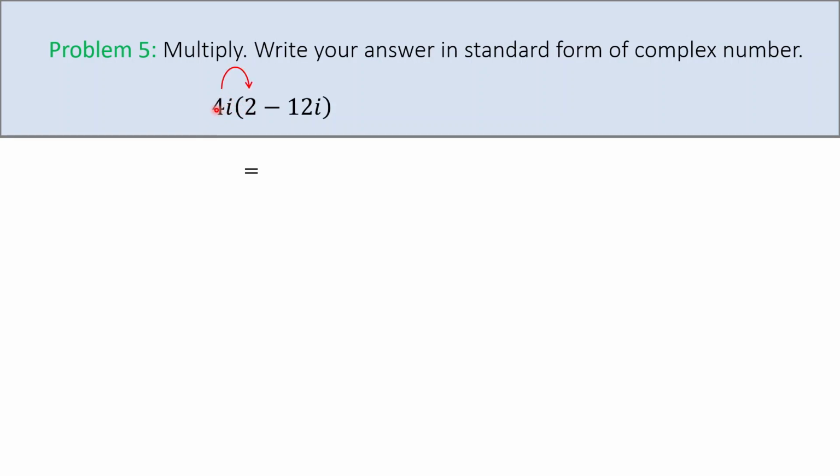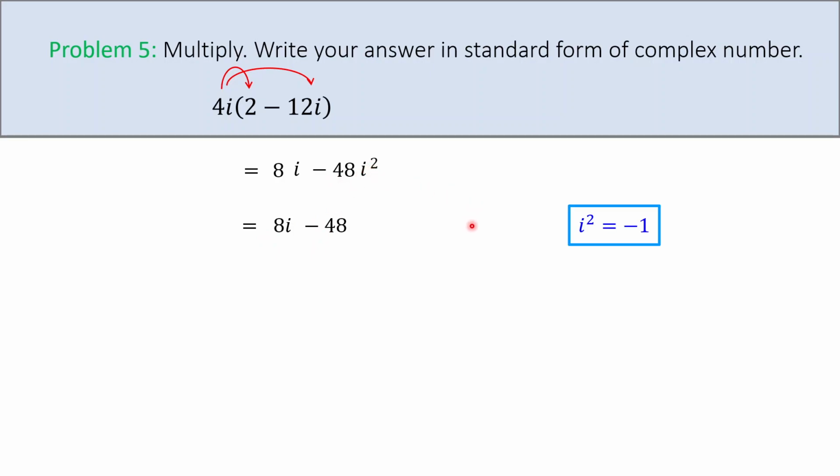First multiply the numbers: 4 times 2, 8 times i. Now this and this. 4 times negative 12 is negative 48. Now multiply i and i squared. Equal to 8i minus 48.